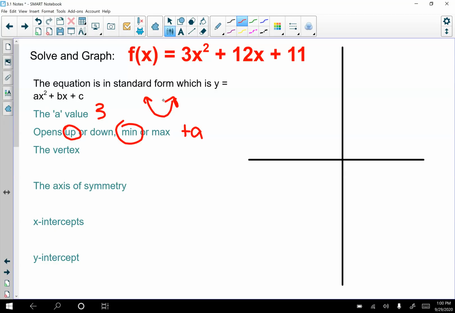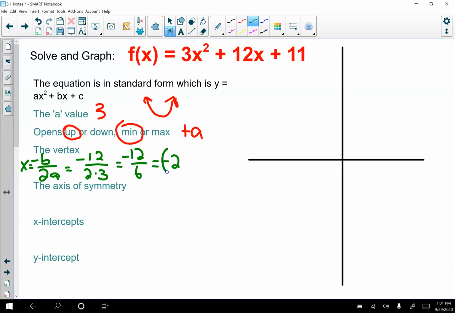To find the vertex, this is not in vertex form, so the vertex is a little harder to find here. So the vertex first we're going to do is x equals negative b over 2a. And the b ends up to be 12, so it's negative 12 over 2 times 3, which is negative 12 over 6, which is negative 2. So on the vertex, it is an ordered pair.